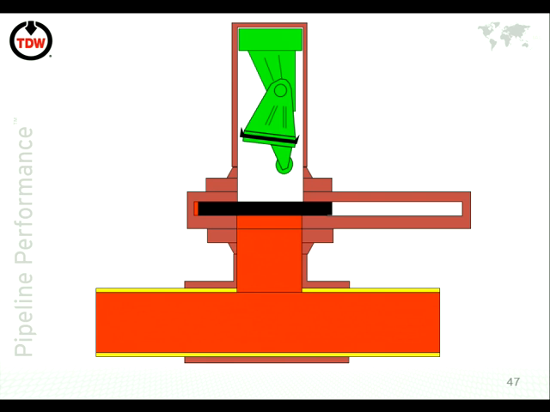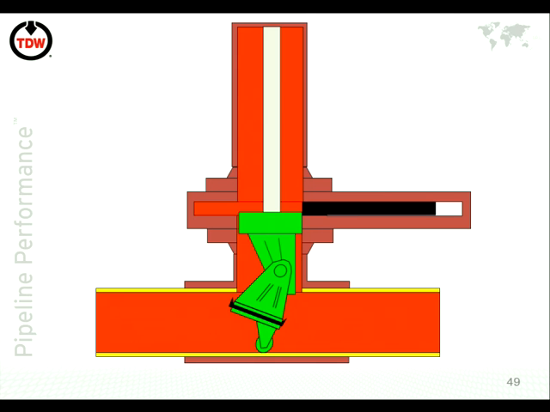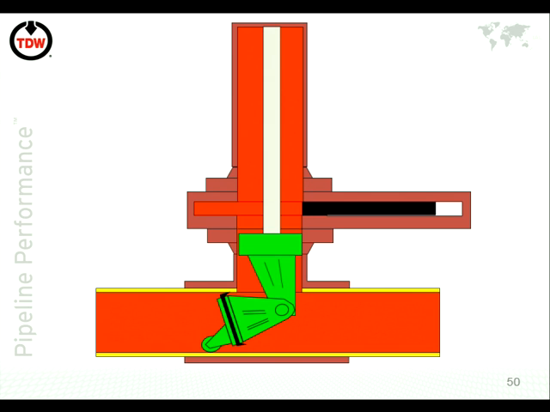You can actually use a bypass here, and it shows that a little bit later. But for a simplified version, the stopple will drop down into the pipe. At this point it is not in the correct orientation for plugging, but as it moves down it will deliberately turn on itself 90 degrees, and then it will seal the pipeline. The sealing element is this black portion here, and that is now sealing the pipeline pressure.